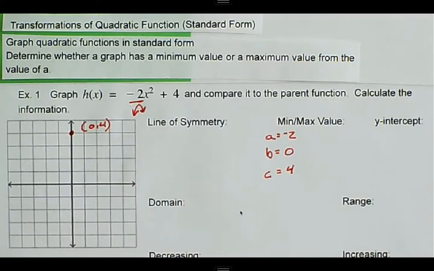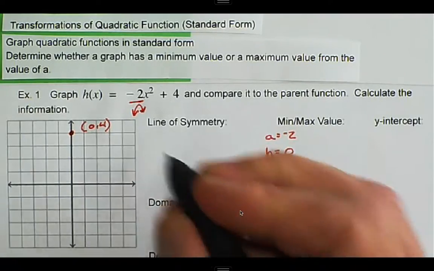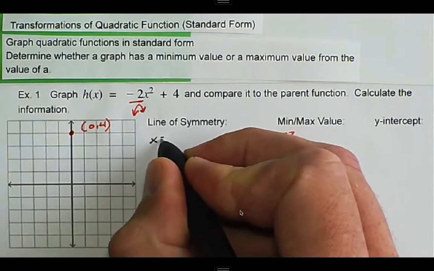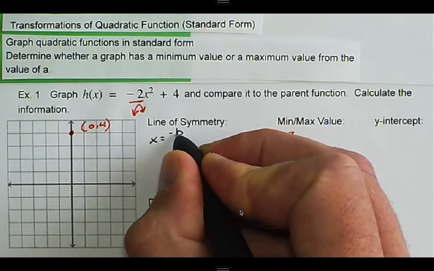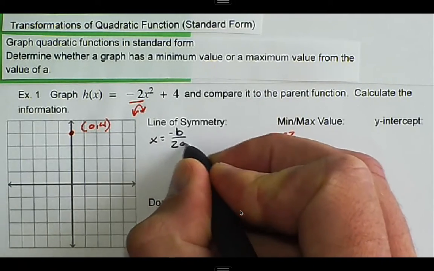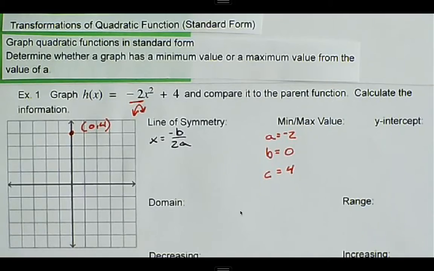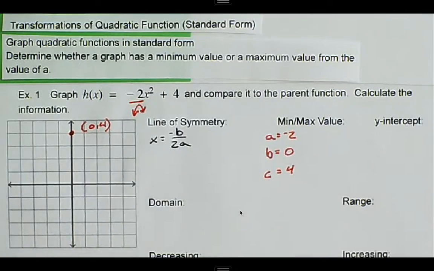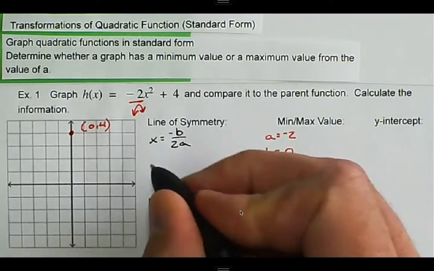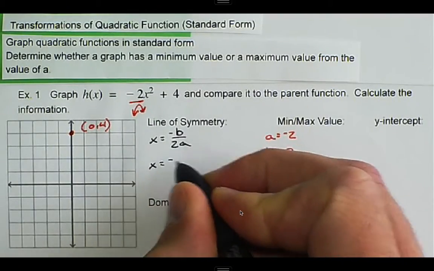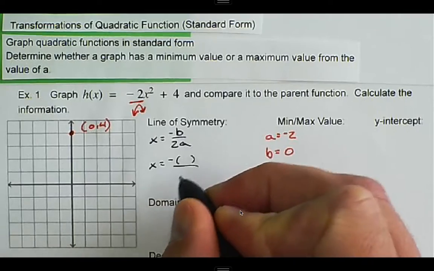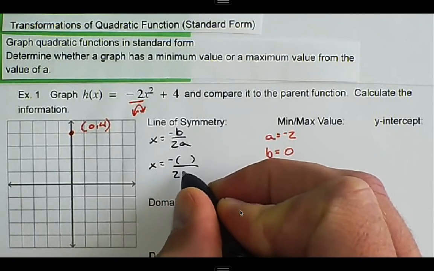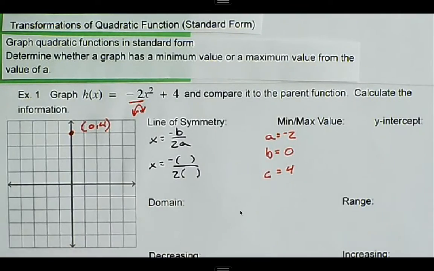So the line of symmetry, when we calculate that, we remember that the equation is x equals -b over 2a. And so we can substitute the values in that we know. x equals negative, then we substitute a value in for the b and a value in for the a.